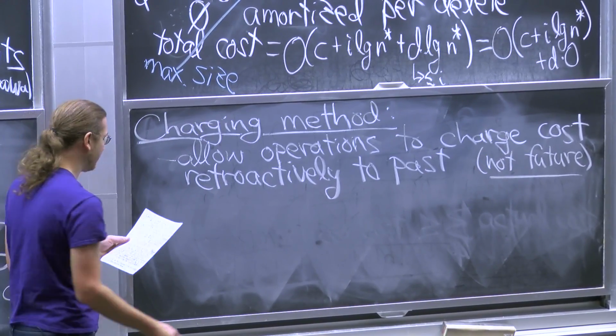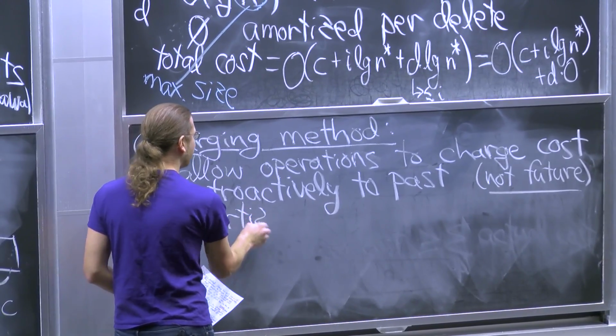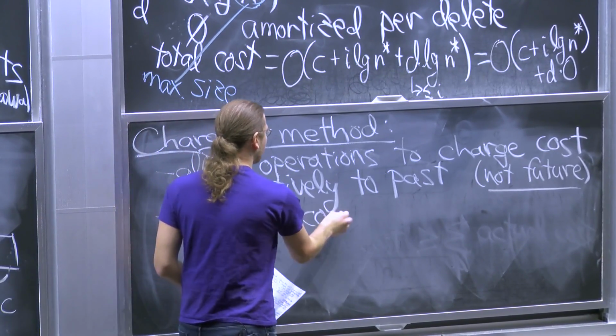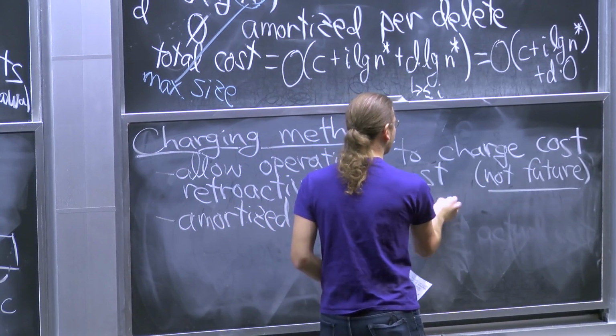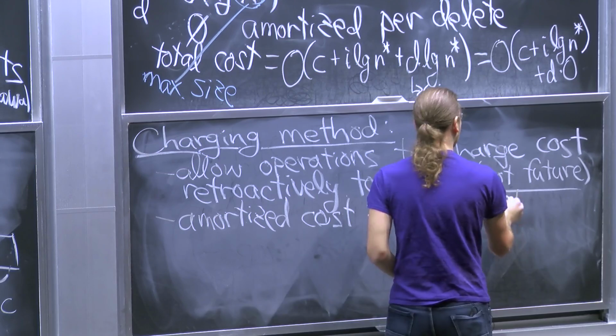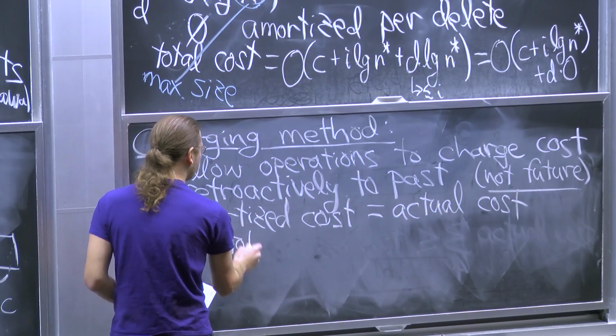Okay. Again, you can define the amortized cost of an operation is going to be the actual cost minus the total charge to the past.